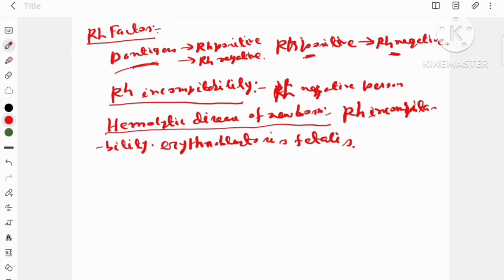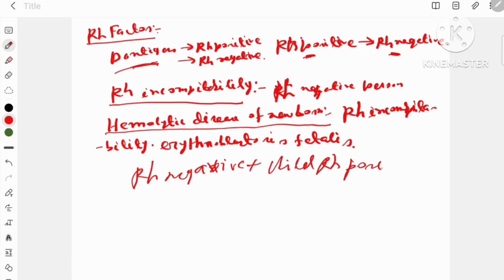So when a mother is Rh negative and the child is Rh positive, because the child may be Rh positive having got the antigen from his or her father, usually the first child escapes the complications of Rh incompatibility, because the Rh antigen cannot pass through the placenta from the baby to the mother.